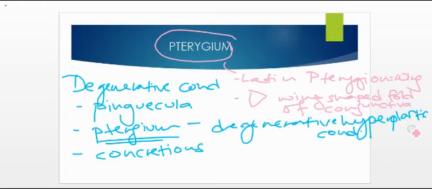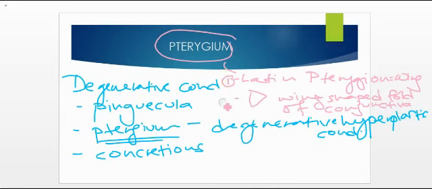As it degenerates, it's going to deposit something, so we'll see that in a while. That's the pathology of it. The basic idea is that pterygium comes from the Latin word pterygion, which means wing. So it's literally a wing shaped fold of conjunctiva, and a degenerative hyperplastic condition.